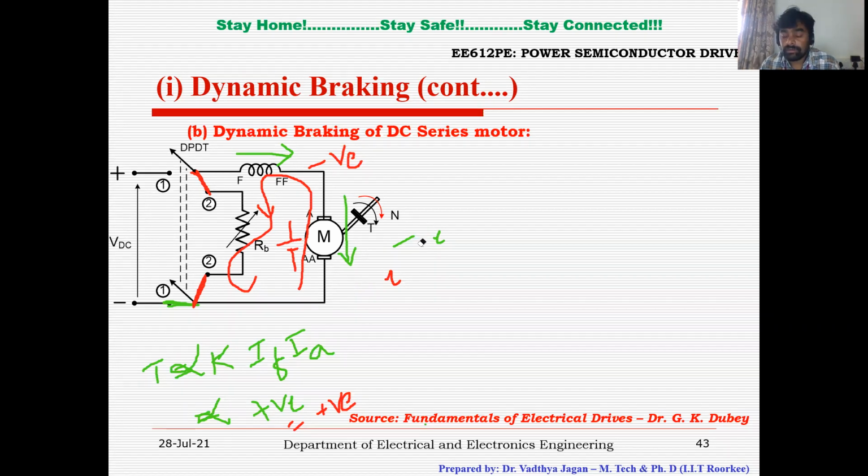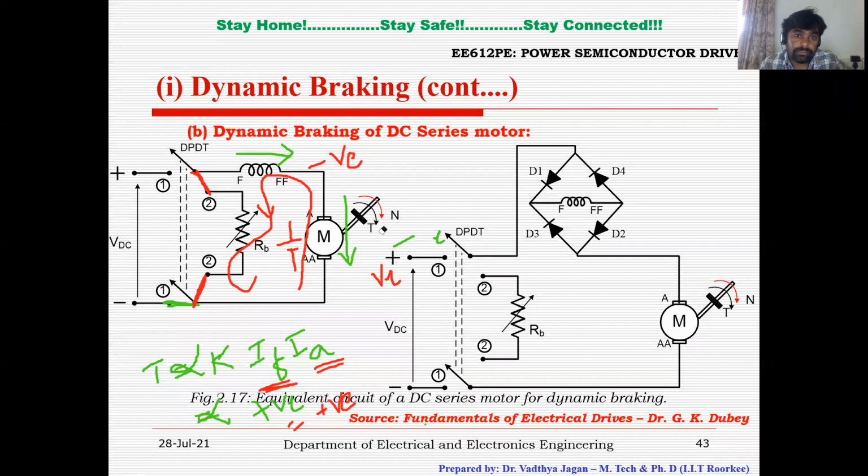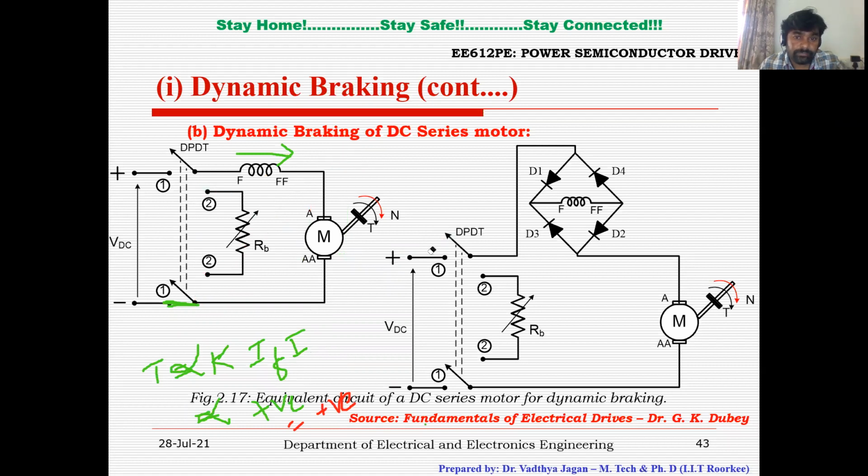Now, in order to achieve that, we need to reverse either the field current or the armature current, but not both, right? So to achieve that, we go for a different configuration where I have used a diode bridge.